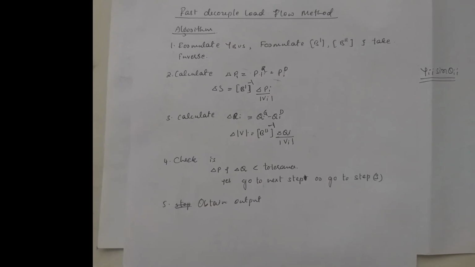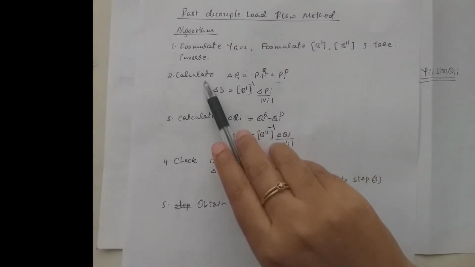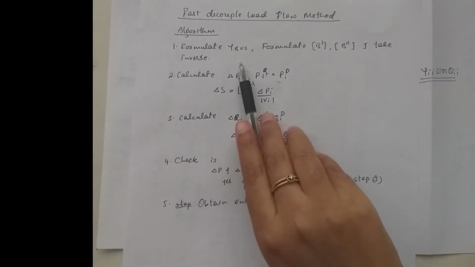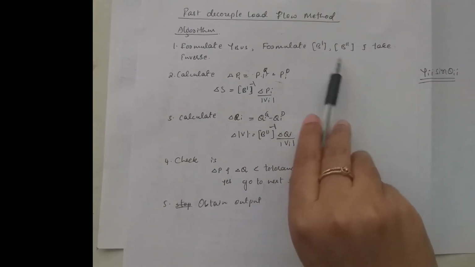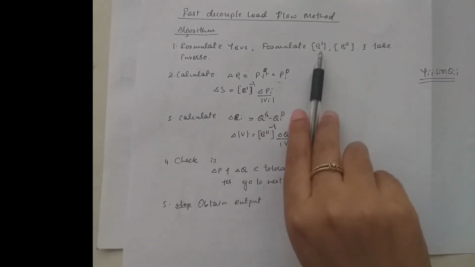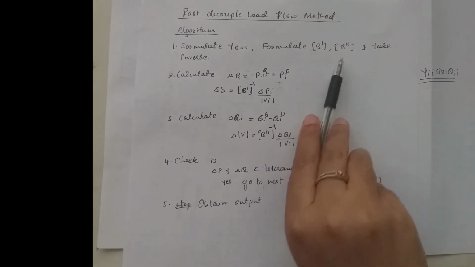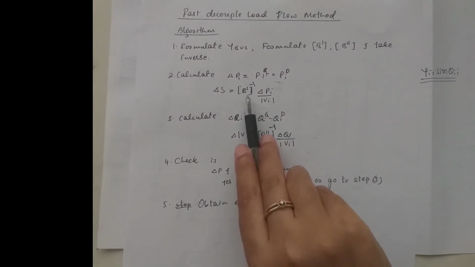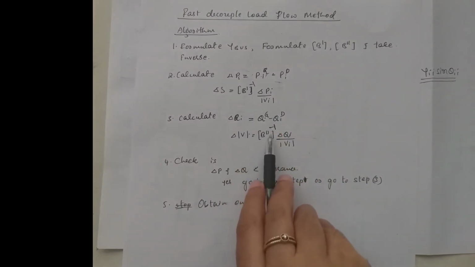The fast decoupled method is like this. First formulate the Y bus. From the Y bus we obtain B dash and B double dash. Then take the inverse of B dash and B double dash, because in the equation we need B dash inverse and B double dash inverse.